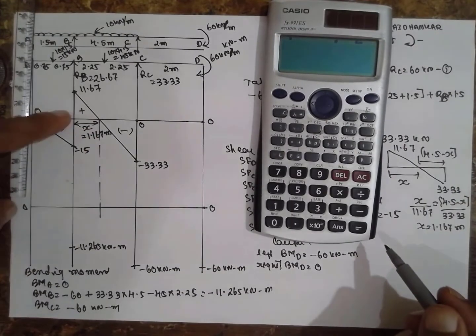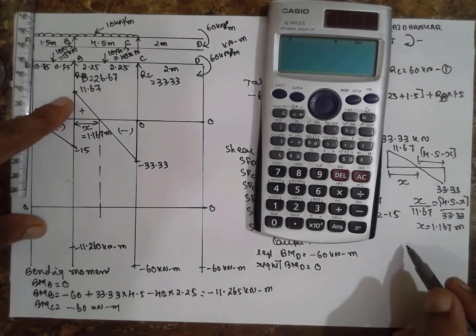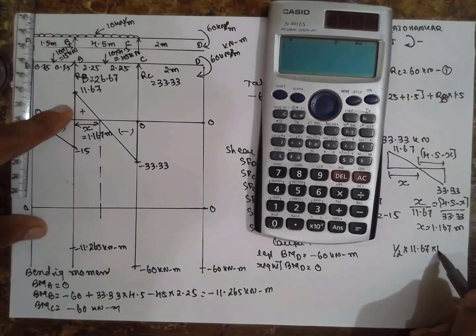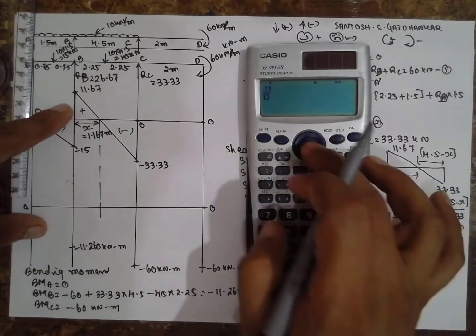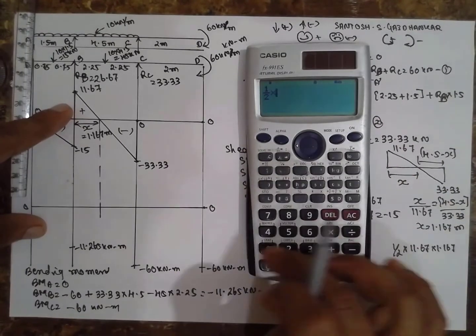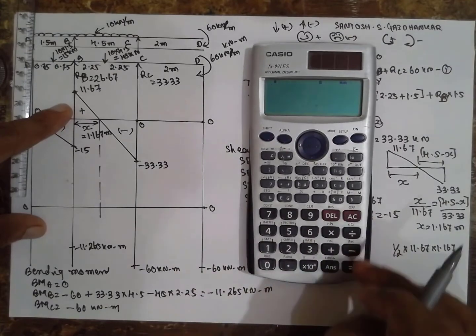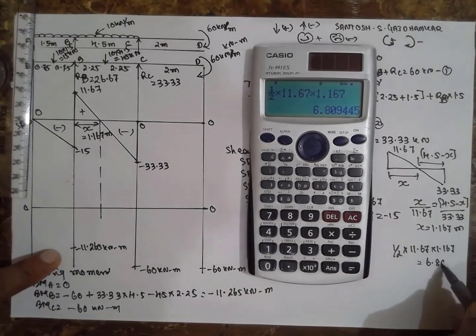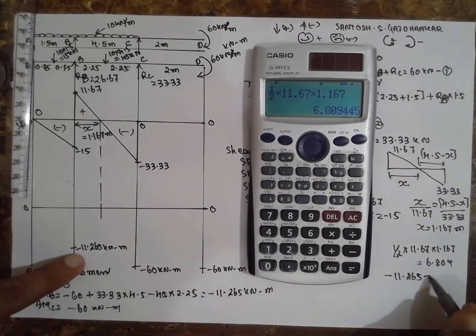The previous value plus the area of this part. What is the area here? 1 by 2 into 11.67 into 1.167. This is the area, 6.809, plus the previous value. The previous value is minus 11.265 plus 6.809.